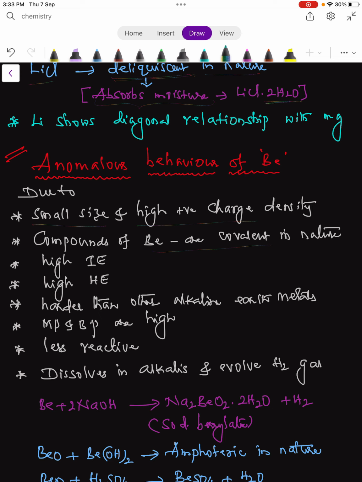High electronegativity, high ionization enthalpy, and it also has high hydration enthalpy among second group elements, right? And they are harder when you compare with the remaining elements in the same group. Melting and boiling points of beryllium are high, and it is less reactive, dissolves in alkalis and evolves hydrogen gas.